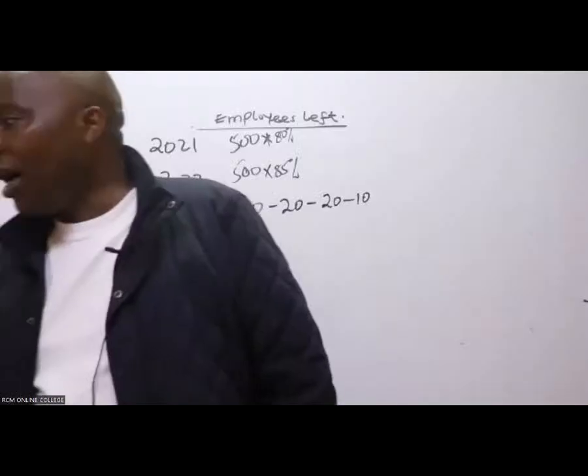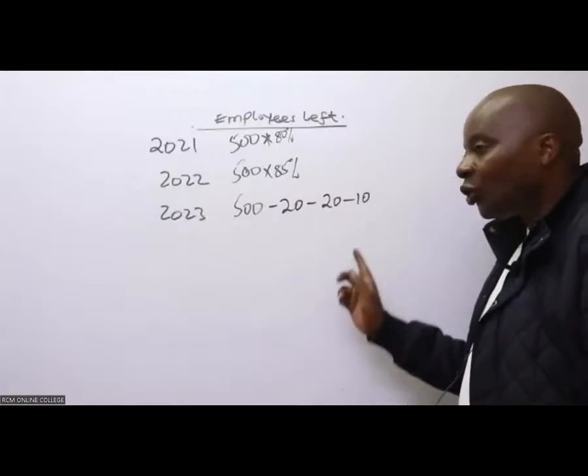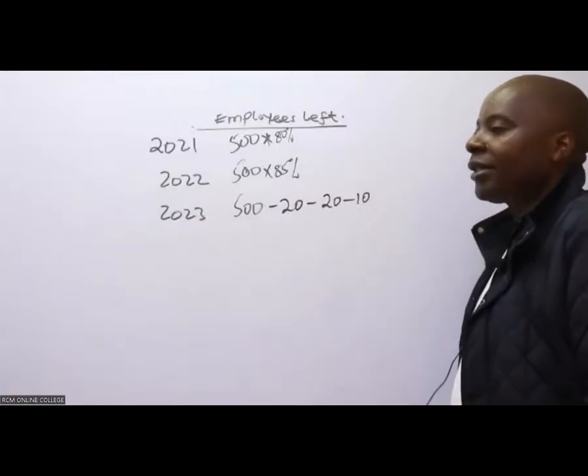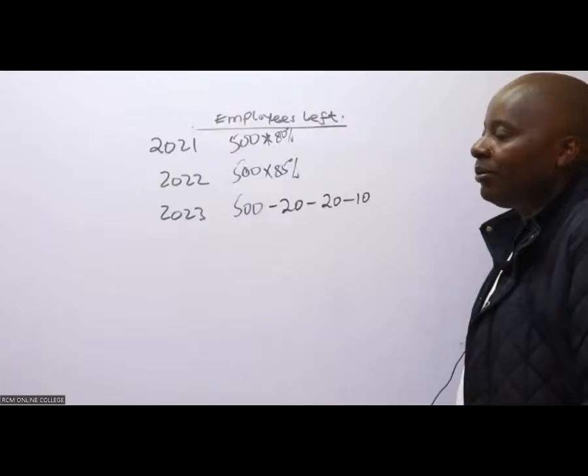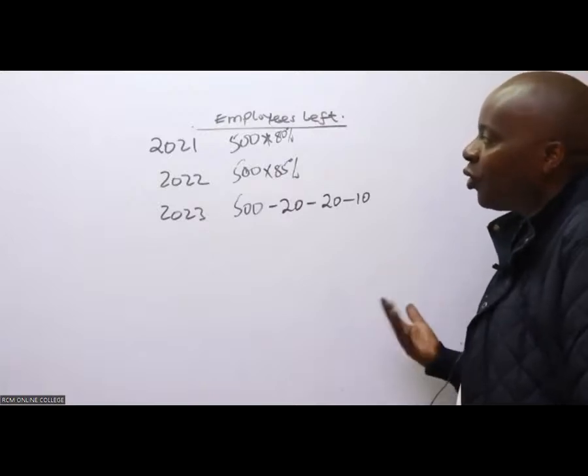So in the last year, we normally make adjustments for the actuals that left in each year. Now, ladies and gentlemen, having gotten these employees who are left, I should be able to know the full obligation.